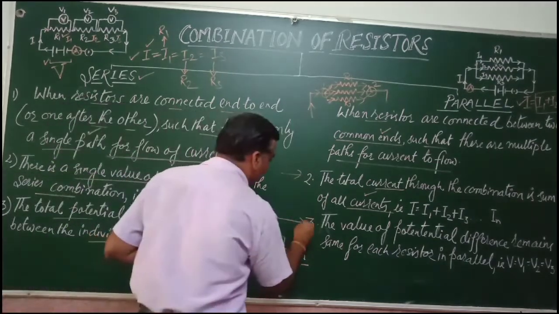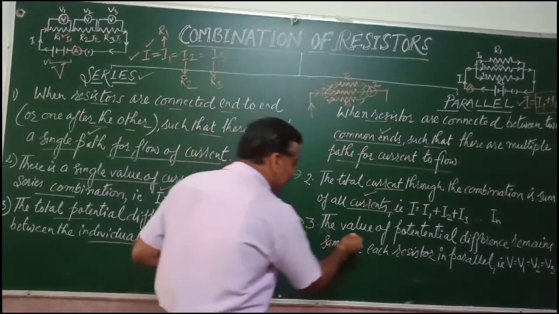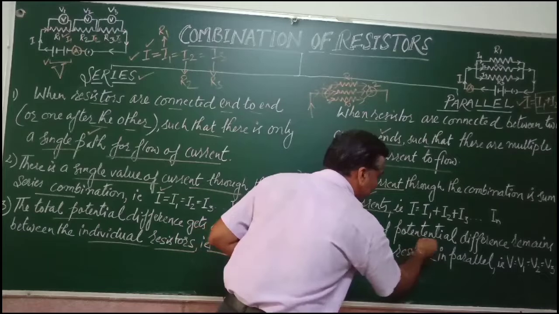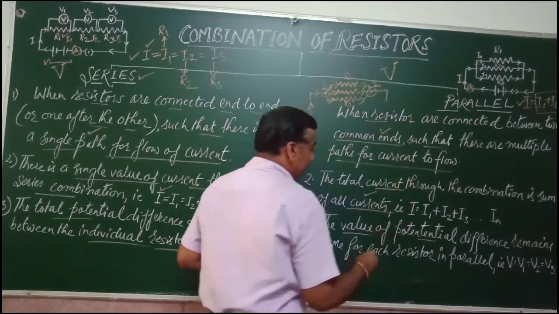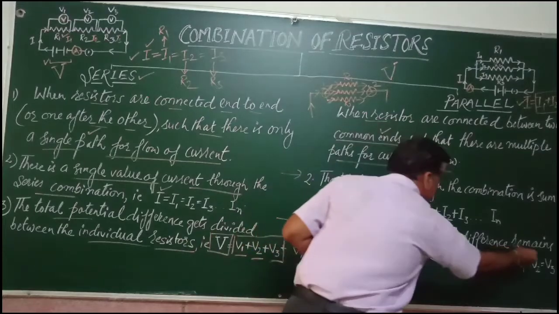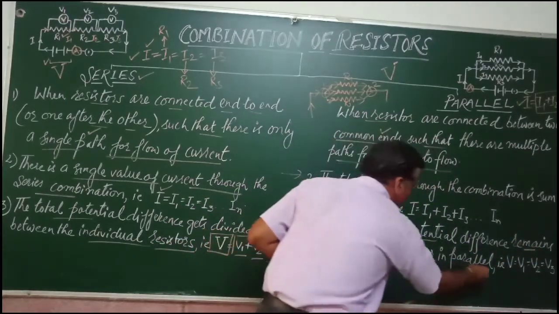Now when we go to the parallel combination, this is exactly reverse. The total potential difference which is V remains the same for each resistor in parallel.